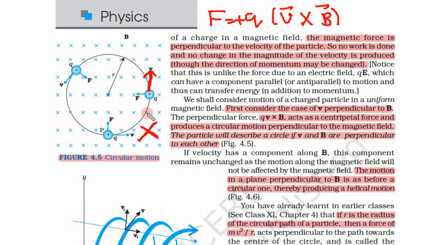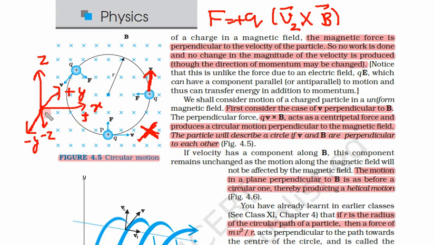Now let us put the directions here. Definitely this is positive z axis, so V is positive Z. Now this magnetic field is inside the plane of paper, so this is positive Y. We always take this as negative Y. This is negative Y, this is negative Z, this is positive X, and this one is negative X. Please remember, we always take positive Y inside, not outside.